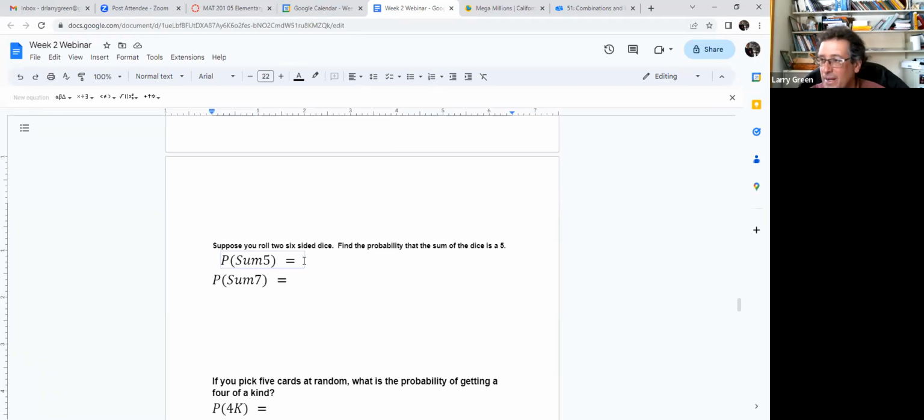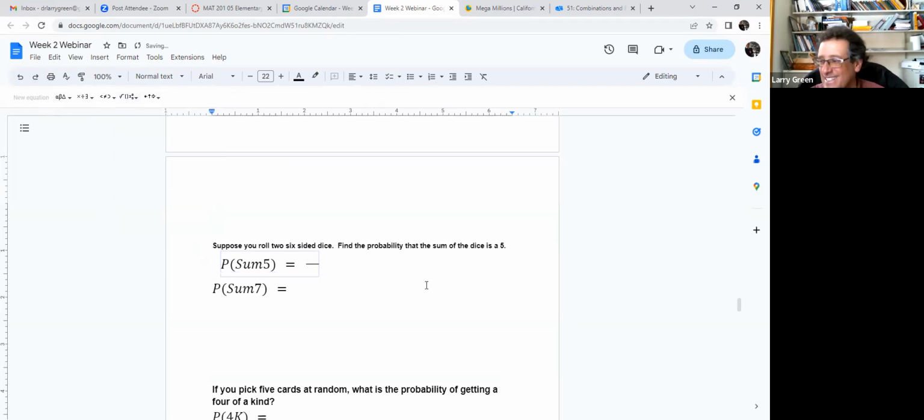When you got it, put it in the chat box. Maybe some of you are stuck. I'll do this part for you, which hopefully you all know to do. And that is, it's a fraction, because probabilities are fractions. And at the end, you can divide and make it a decimal, but usually start with a fraction.